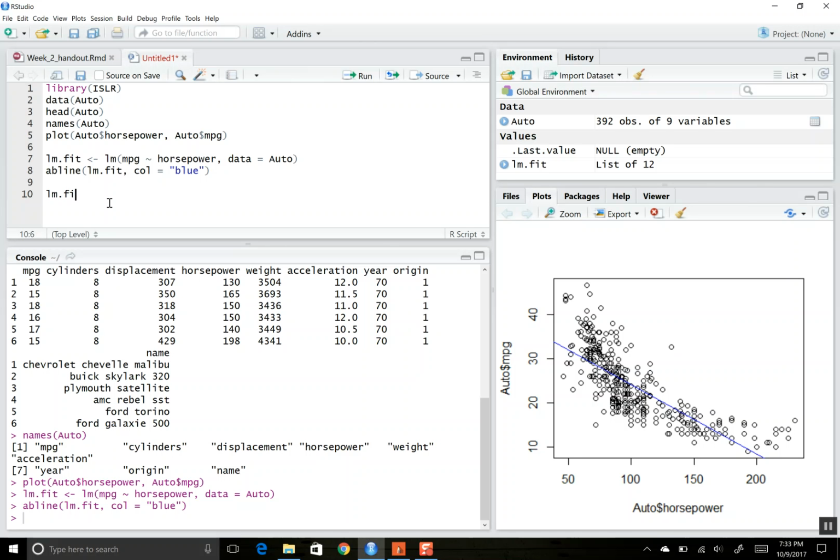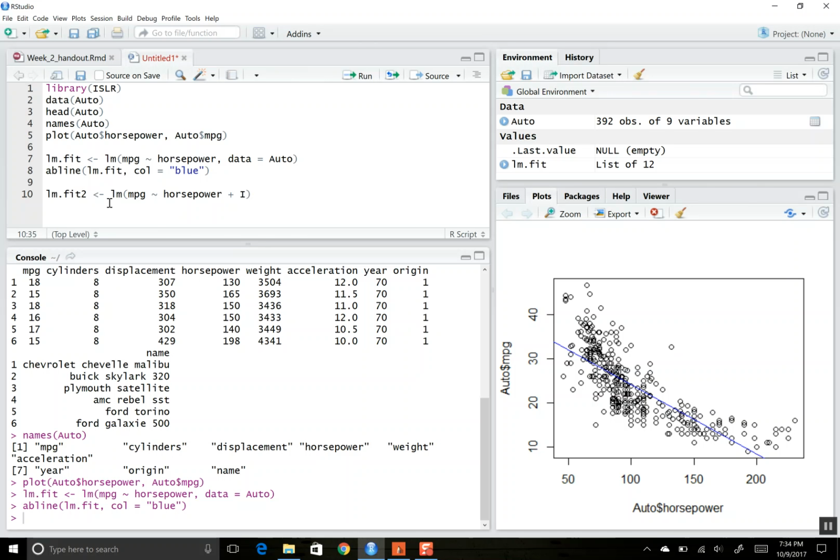And so you can do lm.fit2, and this would be lm mpg as explained by horsepower, and then plus, I forgot the command. Yeah, today I just used poly, but let me just back up.